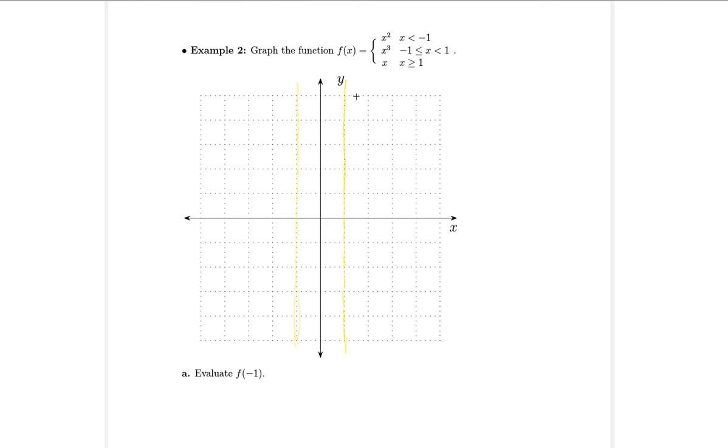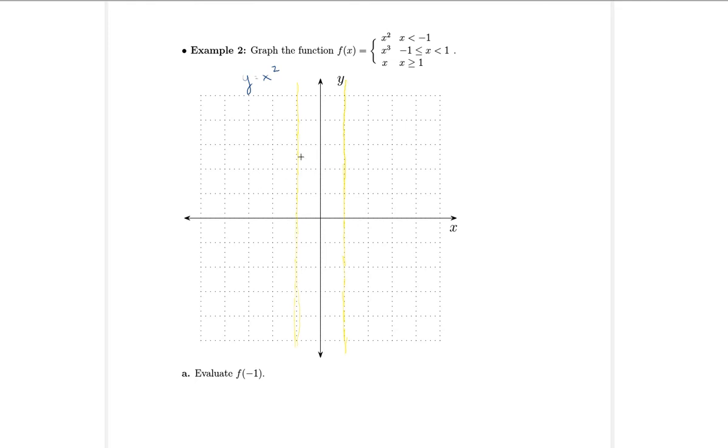So if you don't have the basics of each of those graphs in your mind already, it would be a good time to go back and study that just a little bit more. All right, so let's start with the y equals x squared here. We know that that's what we want over here to the left of negative 1. So y equals x squared should be happening in this region.